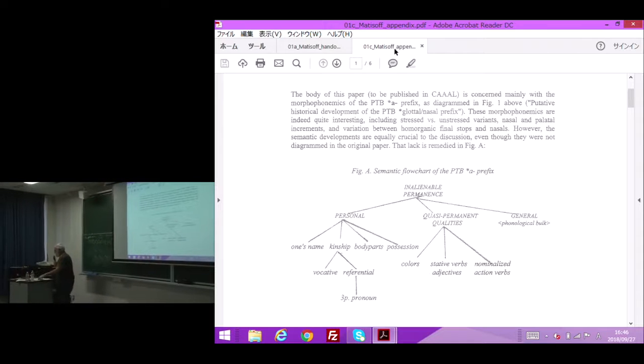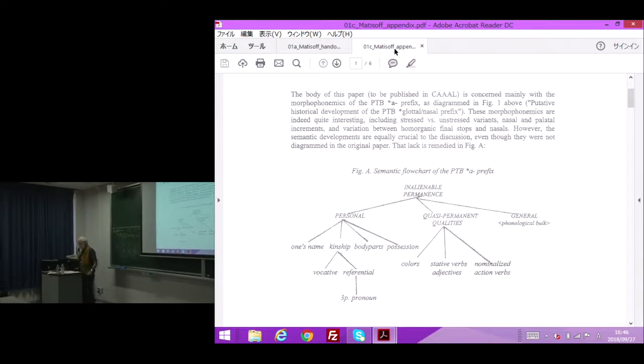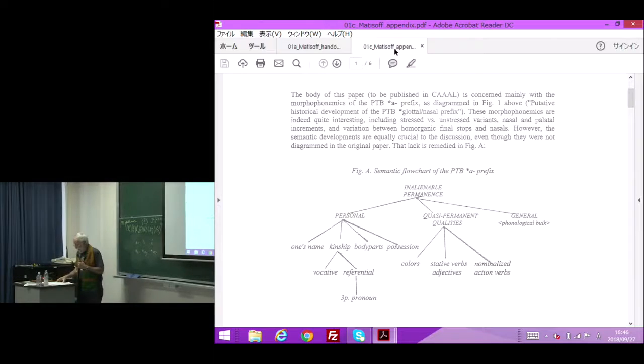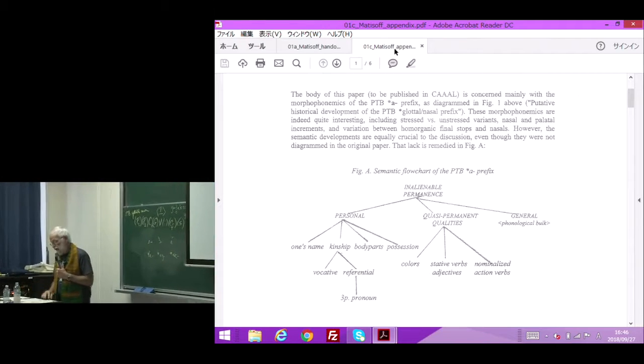So morphologically, it's complicated, and semantically, it's kind of complicated. But it's also true that in some languages, an ang prefix is differentiated semantically from an a prefix.